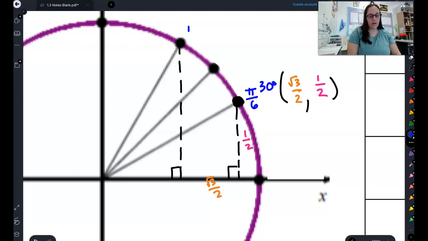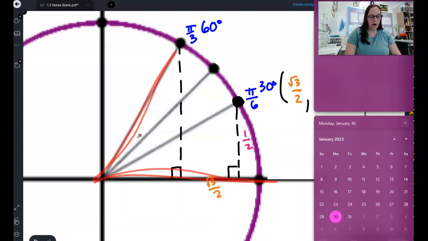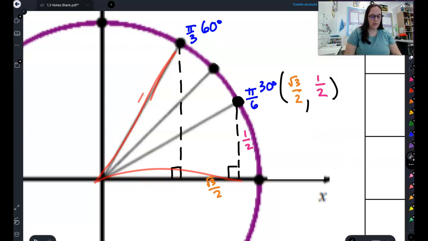This triangle is our pi thirds or 60 degrees. Hopefully you can see that 60 degrees right there on our terminal and initial side. And once again, the hypotenuse is going to be 1.